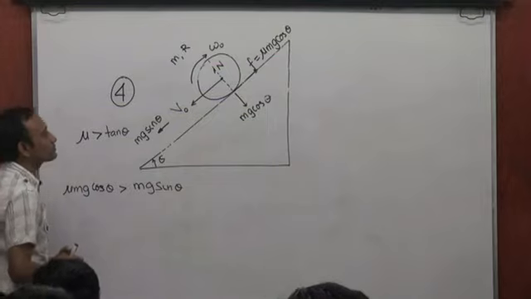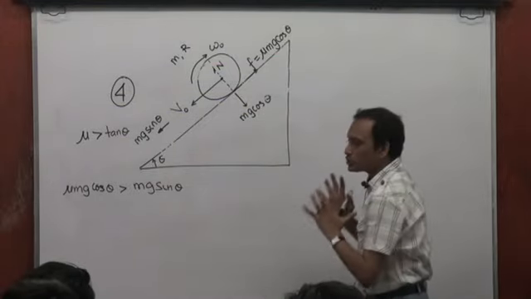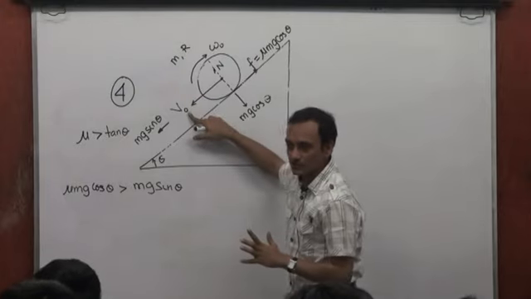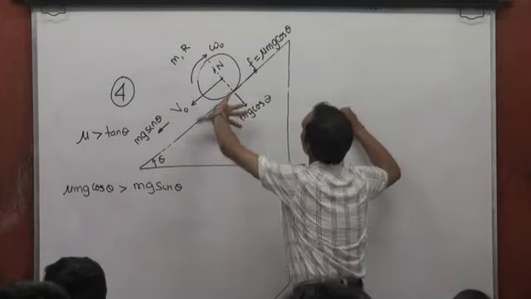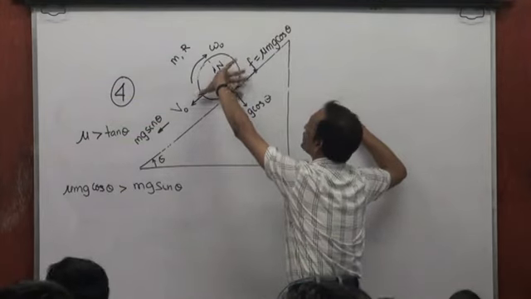Now, eventually VCM will decrease, and omega will also decrease because this friction will produce a retarding torque.